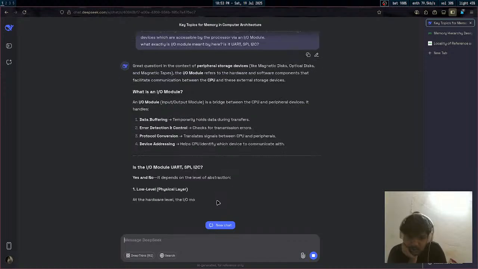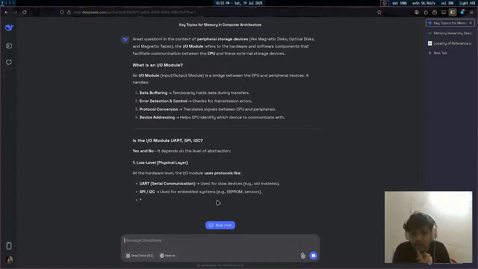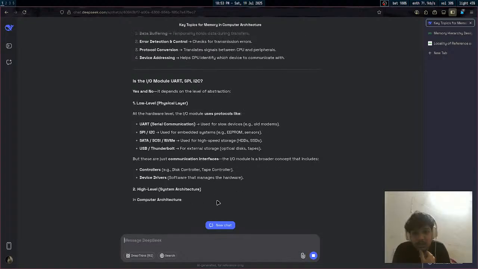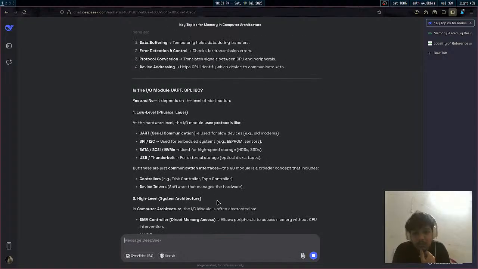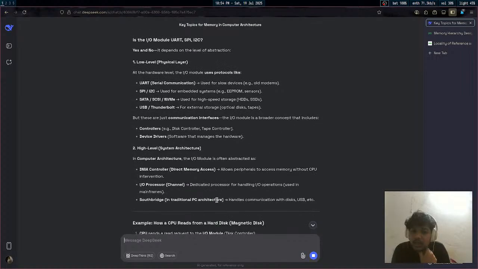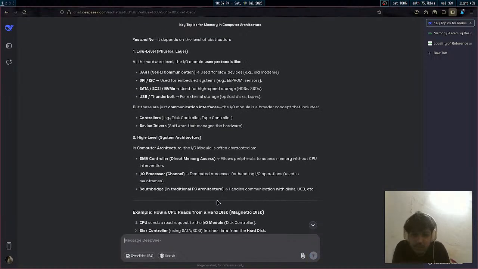Okay, at hardware level, the input-output module uses protocols like this, but these are just communication interfaces. Input-output module is a broader concept that includes controllers and device drivers. Software that manages the hardware, disk controller and tape controller. DMA controller allows peripherals to access memory without CPU intervention.